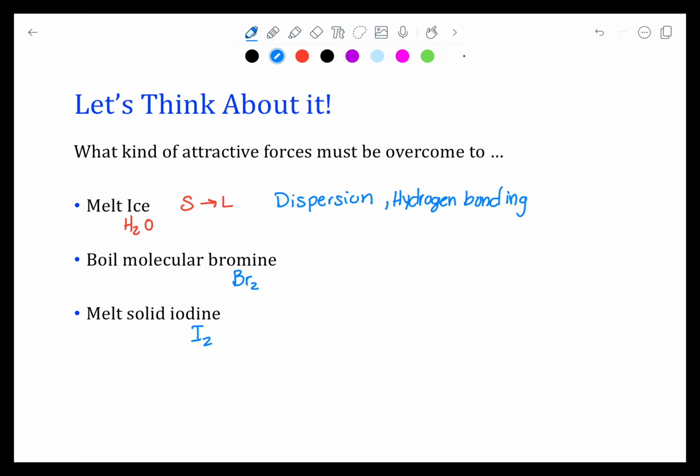Think of what intermolecular forces you have to overcome in order to do that. The only intermolecular forces that are present in both bromine and iodine are dispersion. So those are the only attractive forces that we have to overcome.